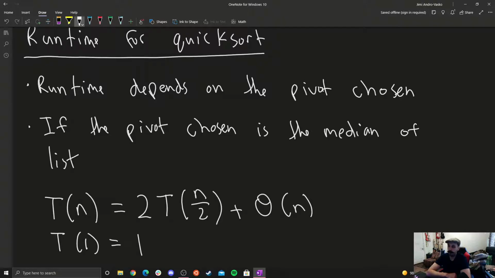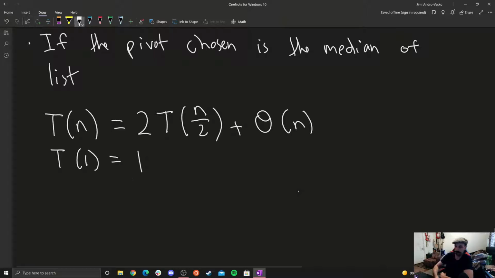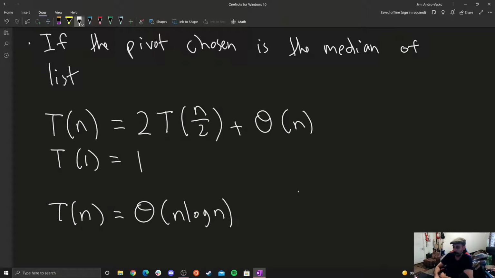And if the pivot chosen is the median, it will break the list into two pieces, each of size n over 2, and exactly two of them. This is the same recurrence relation as merge sort, so we know that the runtime for quicksort will be theta n log n.